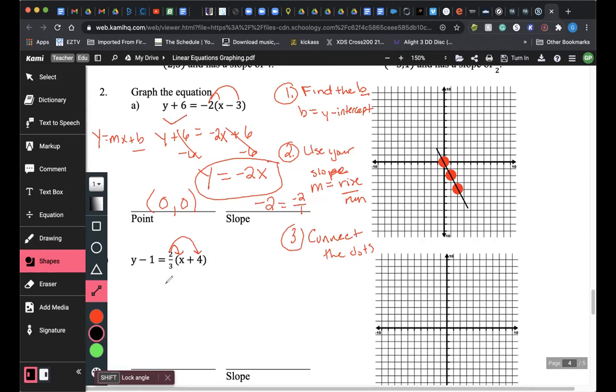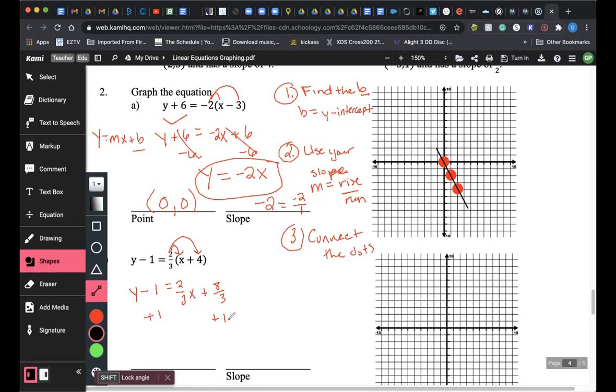All right, so we're going to get 2/3 x plus 8/3. So we have y minus 1 equals 2/3 x plus 8/3, right, because 2 times 4 gives me 8. Now I'm going to add 1 to both sides. Again, I'm adding a fraction.